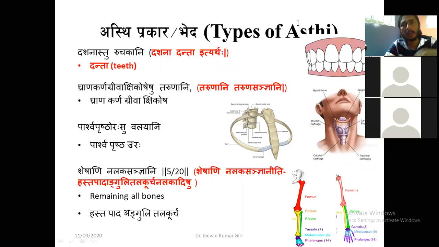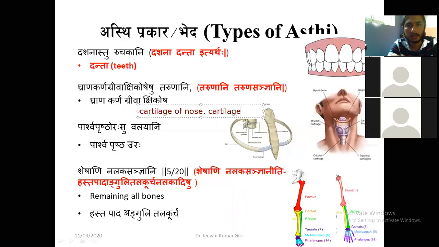Now see here. Grana means the nose only, so the cartilage of the nose is the Grana. Karna: the cartilage of the ear.